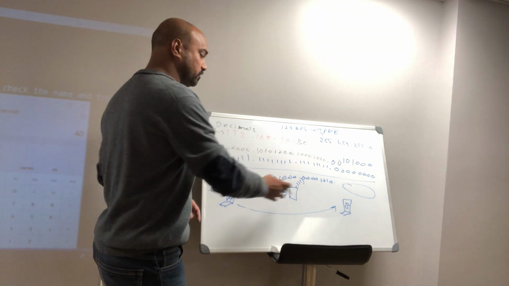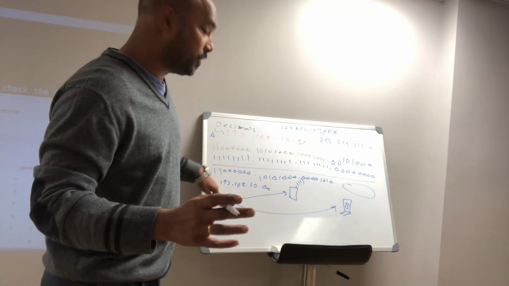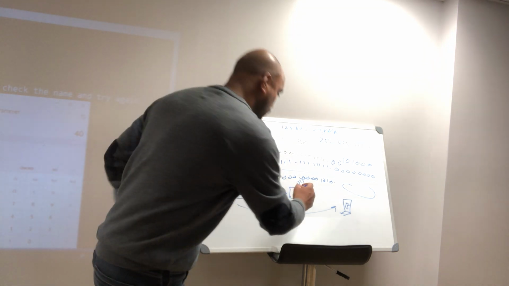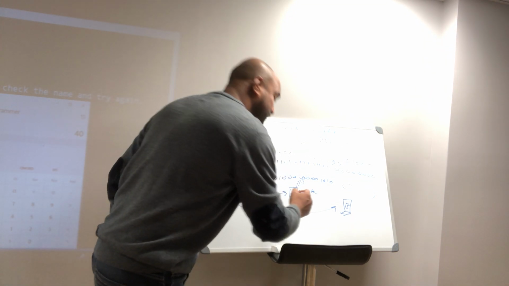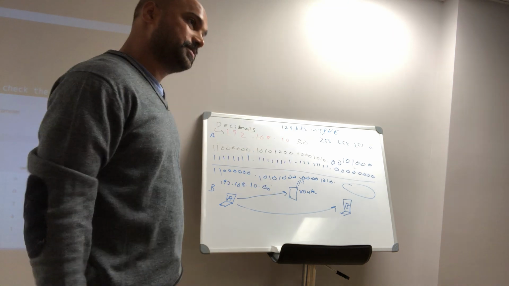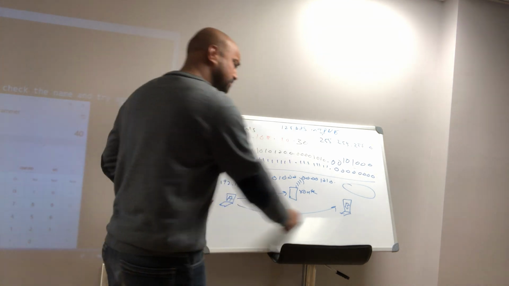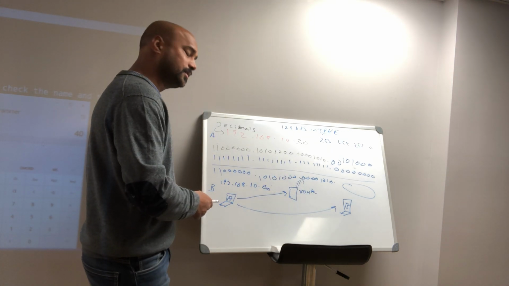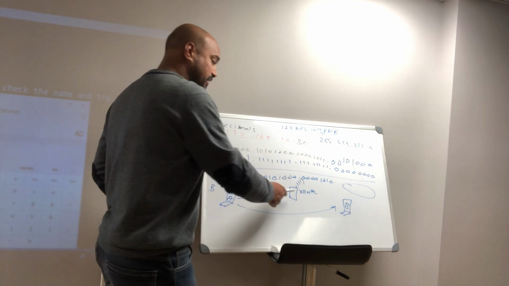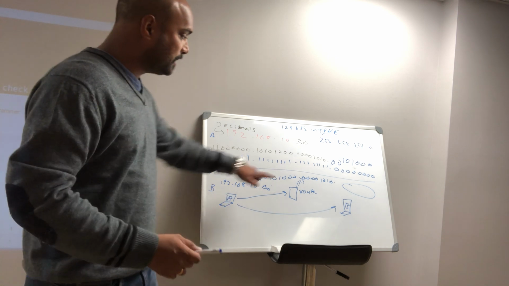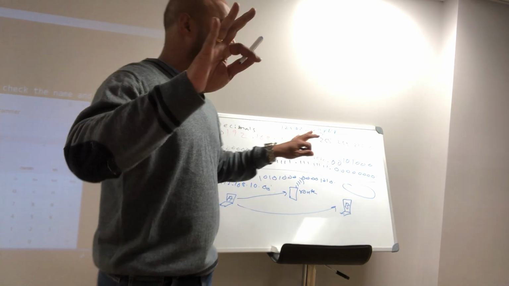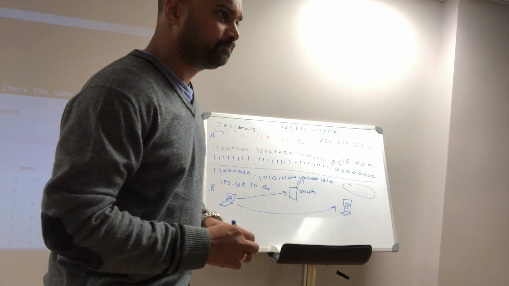That's when he will go and talk to the router and says, boss, I cannot find out where B is. The router will then route and find where Google.com is. So if he can find things, he will talk to his partner directly. But if he cannot find, then his router is a go-to guy, which will then route the traffic out in the internet or in the intranet or in the LAN.